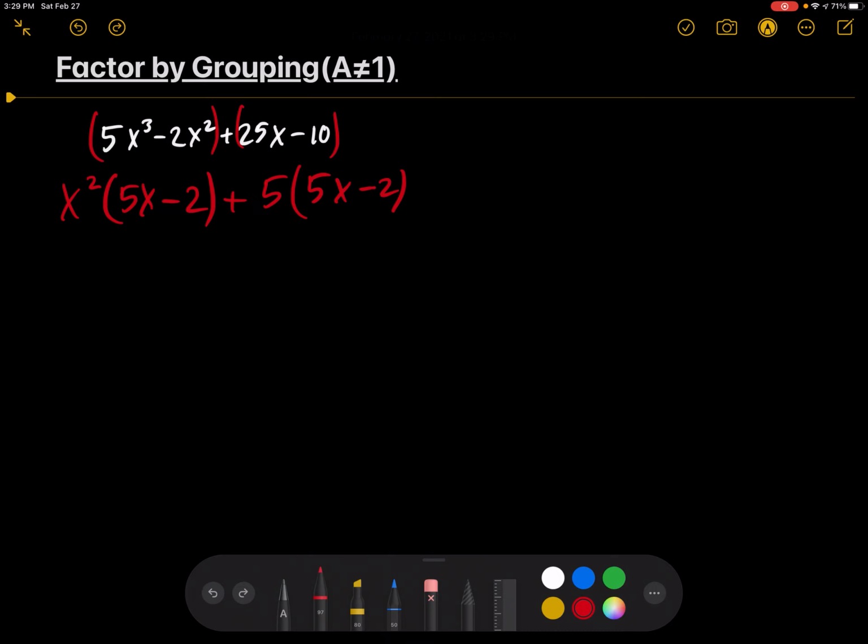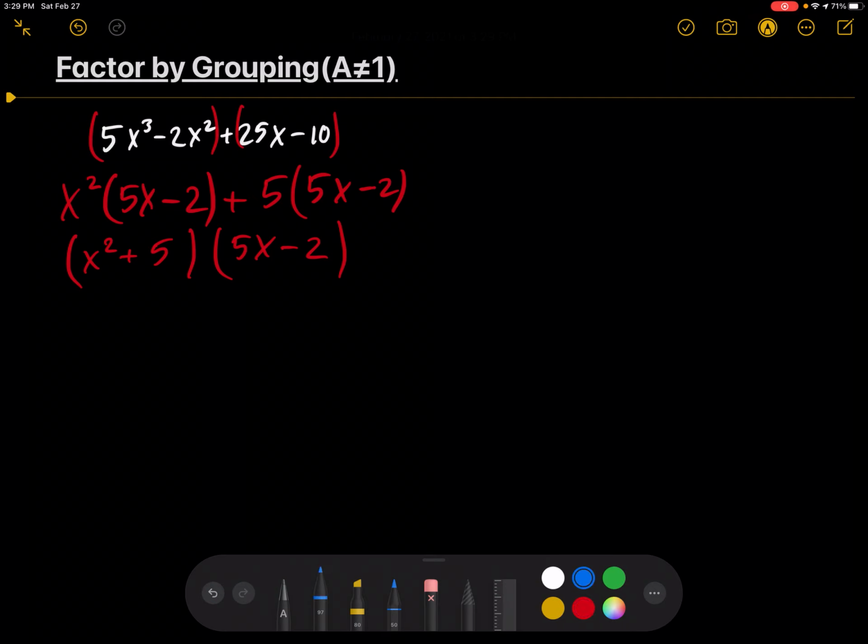So then on the next step, just like the last problem, you're going to make your parentheses again, because this is what we're trying to get it to, something like this. That's our final answer, two binomials multiplied. So you're going to take what's on the outside of the parentheses, x squared plus 5, and then 5x minus 2.